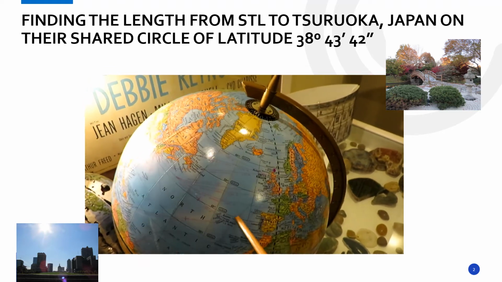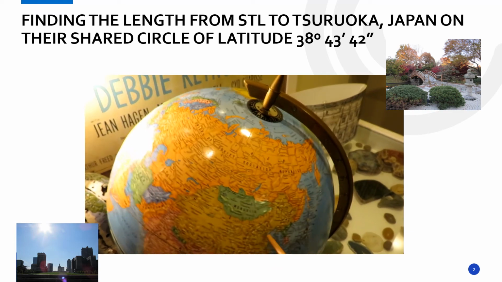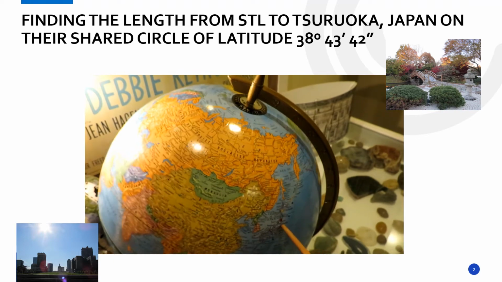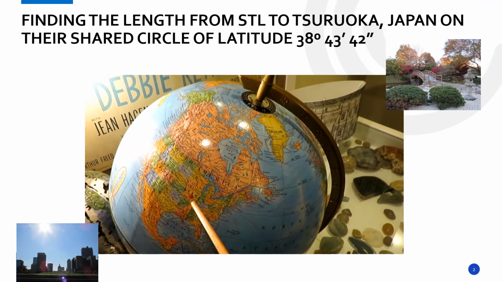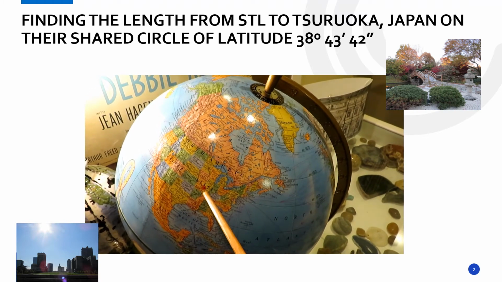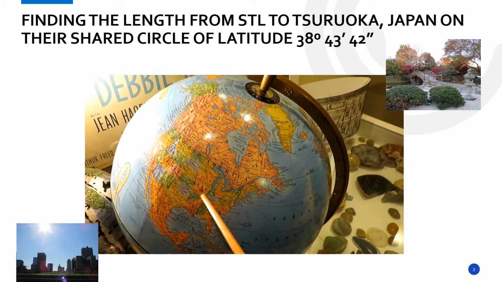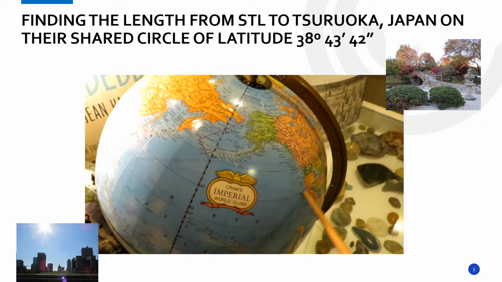So notice that arc length from the measurement of its eastern longitude to St. Louis's longitude is a bigger portion of the circle. If we really wanted to find the shortest distance on their circle of latitude, we would actually have to find this backside arc.